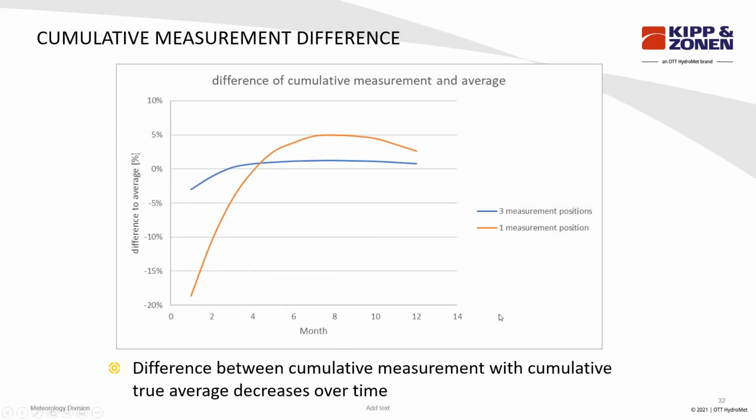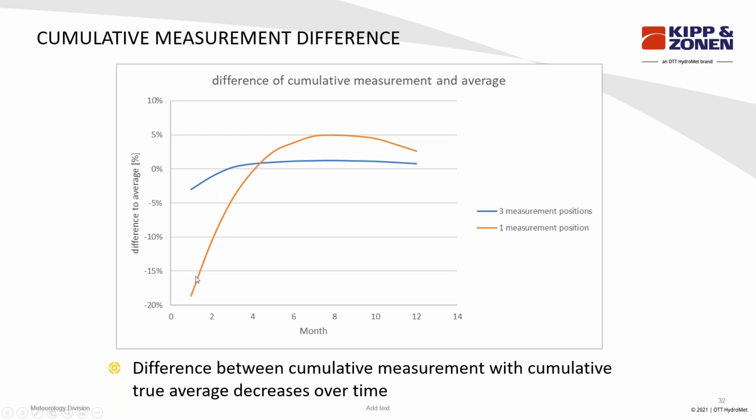Now we've also looked at what happens if you look at the cumulative measurement. So you can look at a single time point, so a single month, but you can also look at the cumulative effect of a whole year. Here we have plotted the difference to the actual average irradiance on the module, with in orange a 1 measurement position and in blue a 3 measurement position solution.